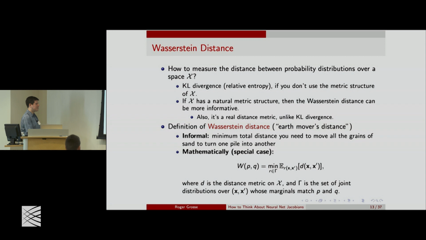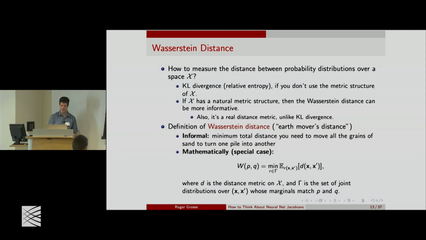So it's the minimum over that set of the expectation of the distance between the elements drawn from the respective distributions. Okay, and that's the mathematical definition of Wasserstein distance.